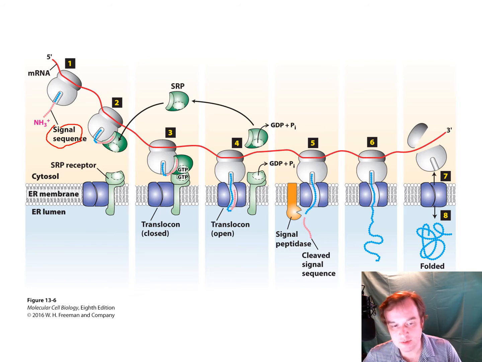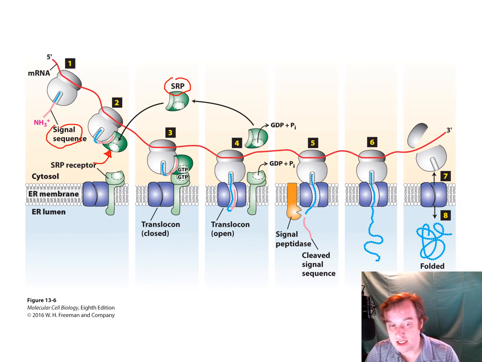Then in step 2, the signal recognition particle, or the SRP, which is right here, comes in and binds to that signal sequence, and it arrests protein synthesis. So once it's bound right here, it pauses protein synthesis.